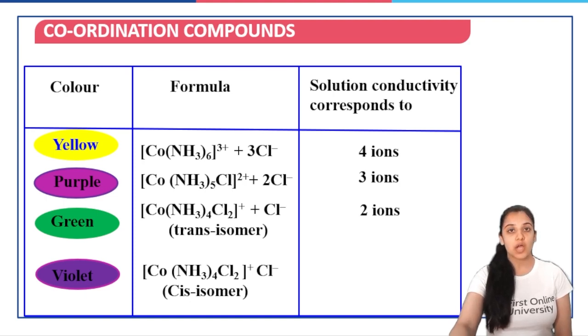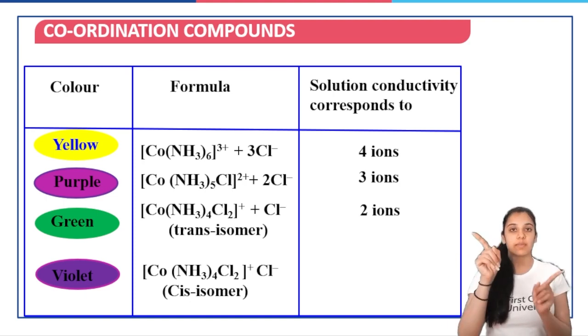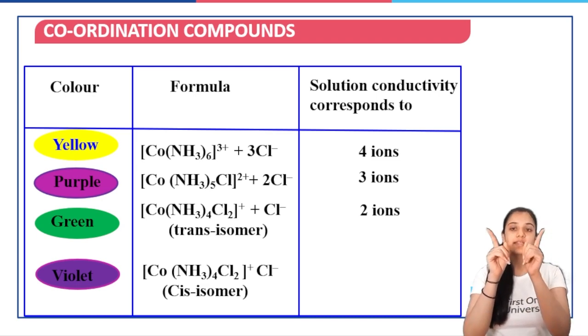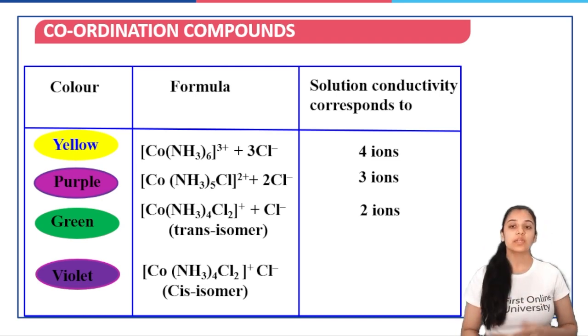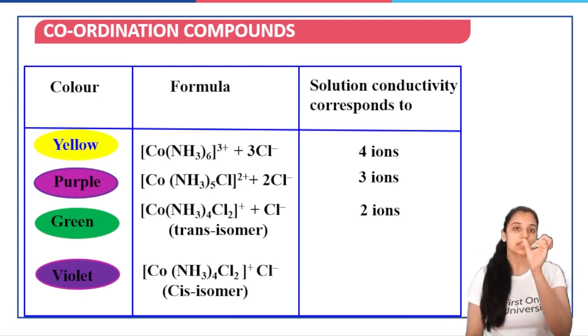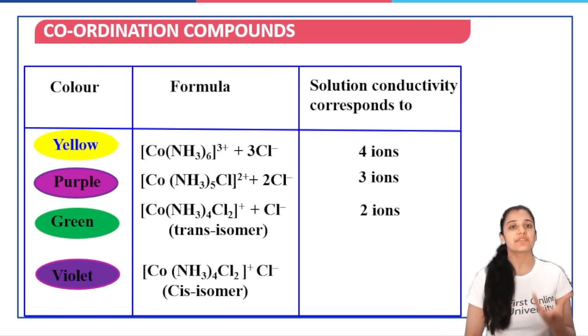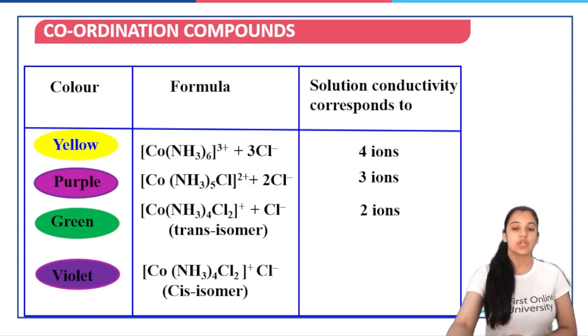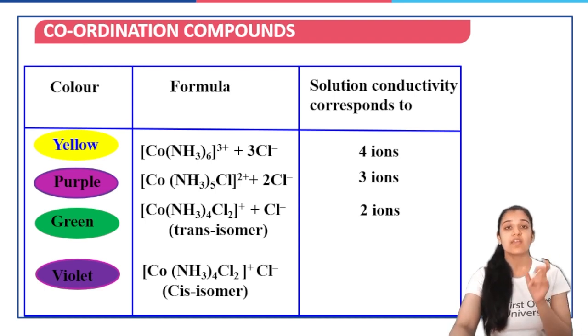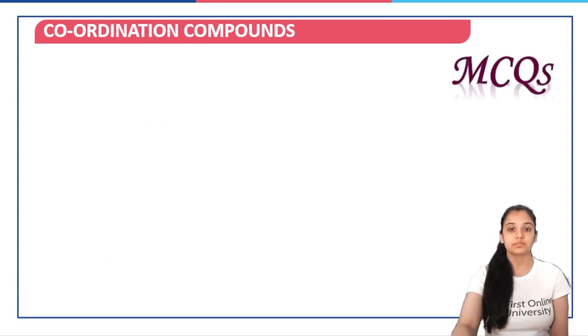Now we know what is trans and what is cis: when the same ligands are on the opposite side, that is trans. When they are on the same side, that is cis. And since these are 2 different isomers existing for the same complex, obviously they will have different properties and hence different colors. So you need to remember the colors. This is very, very, very important, okay?